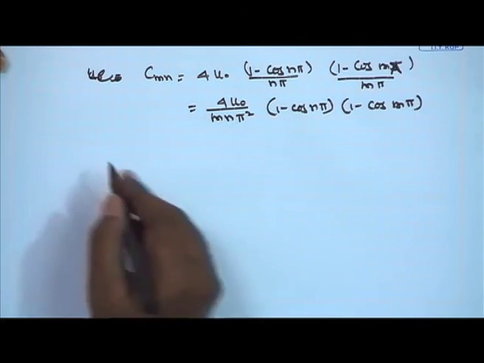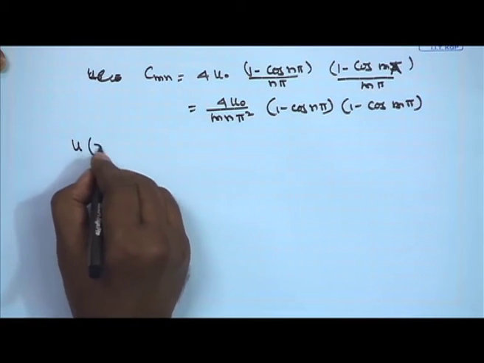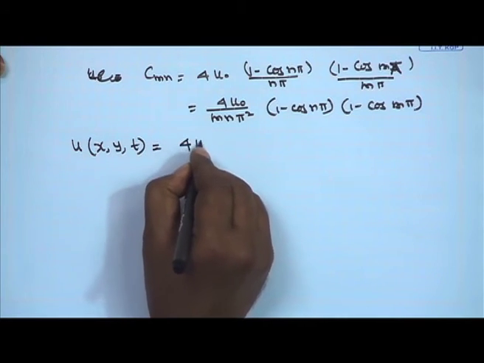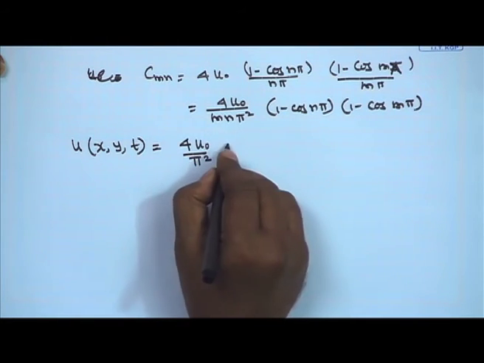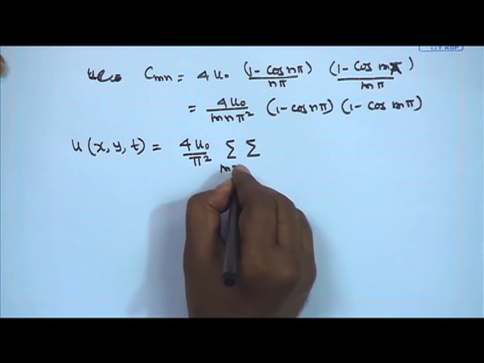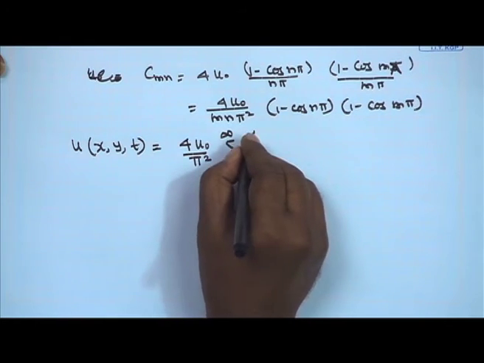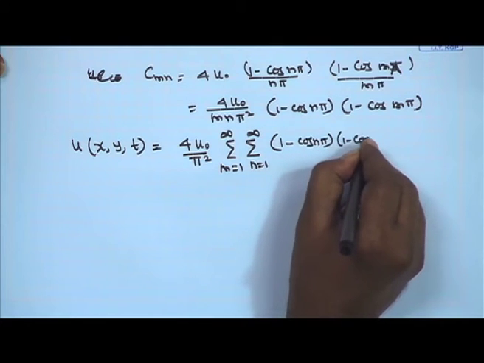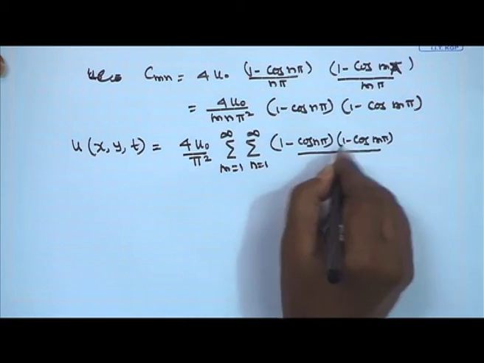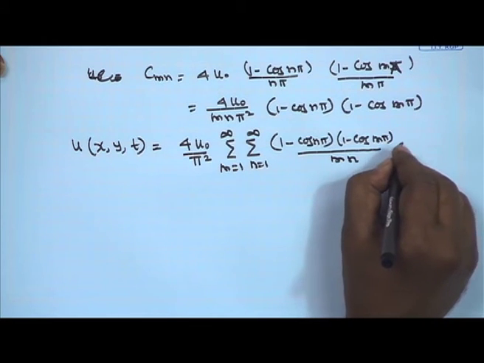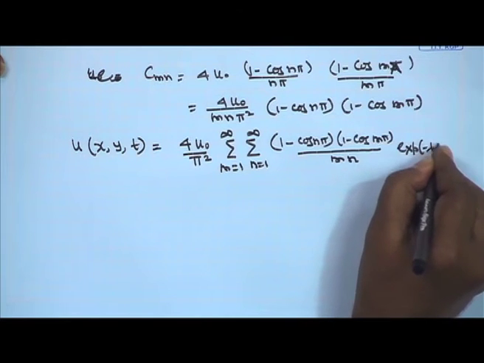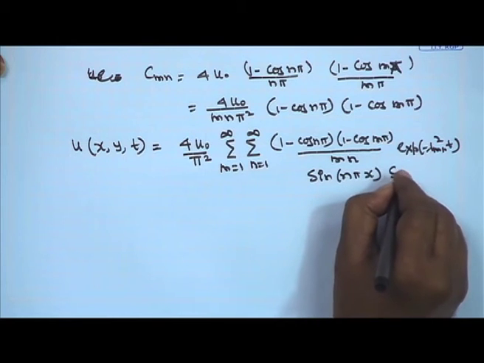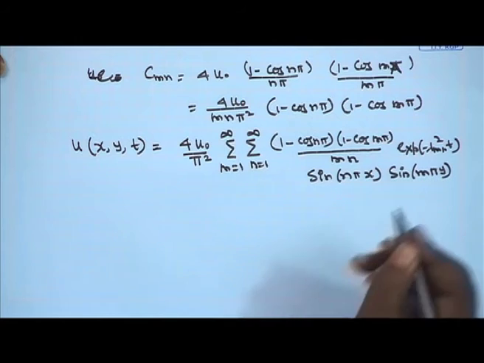So, let us now construct the complete solution. u x y t is nothing but 4 u naught over pi square, double summation m equal to 1 to infinity, n equal to 1 to infinity, 1 minus cosine n pi, 1 minus cosine m pi, divided by m into n, exponential minus lambda mn square t, sin n pi x sin m pi y.